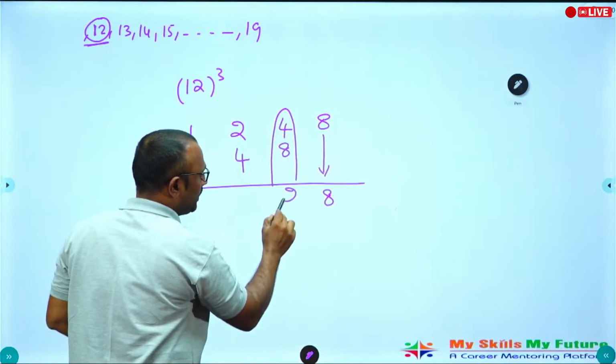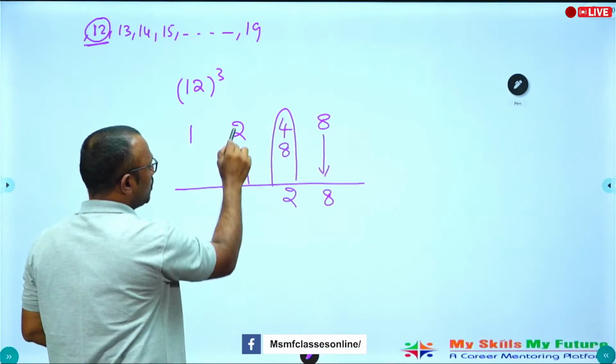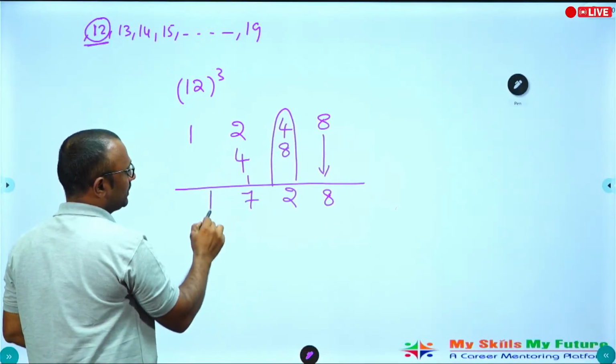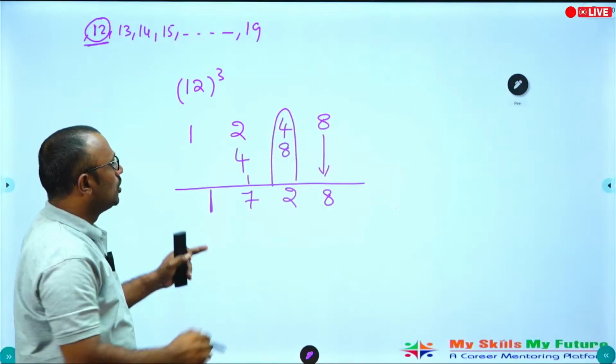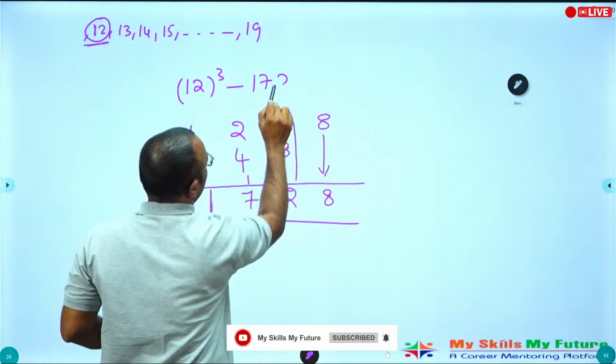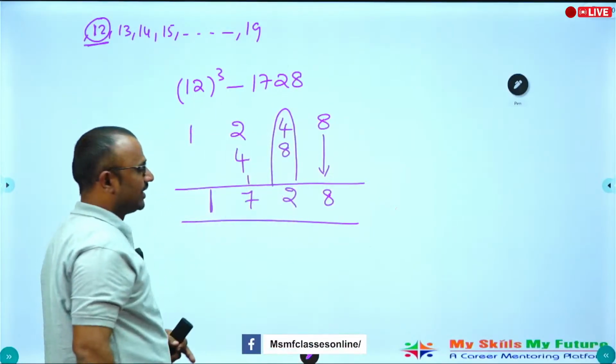So write 2 here and carry 1. Then 2 plus 4 is 6, 6 plus 1 is 7. Write 1 as it is. So 12 cube is 1728.